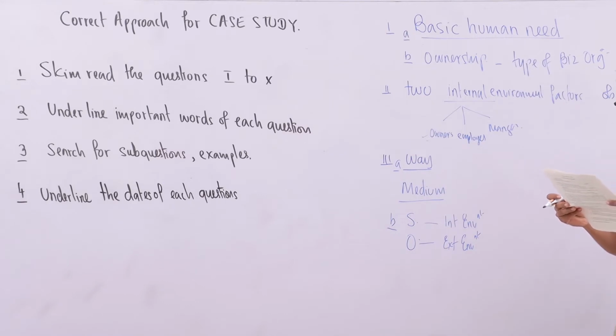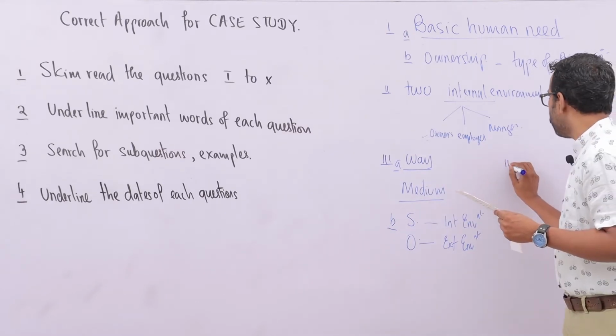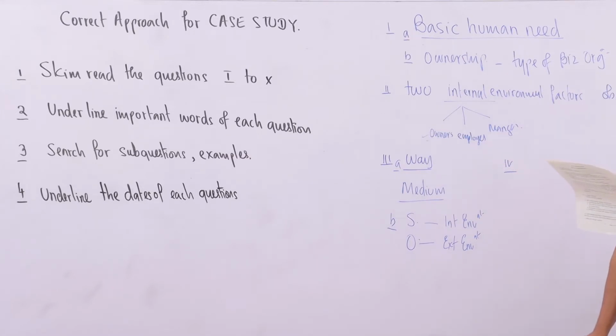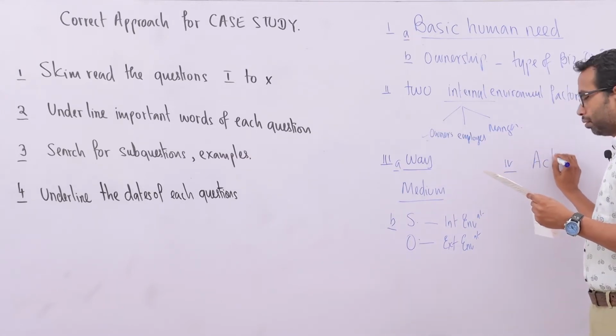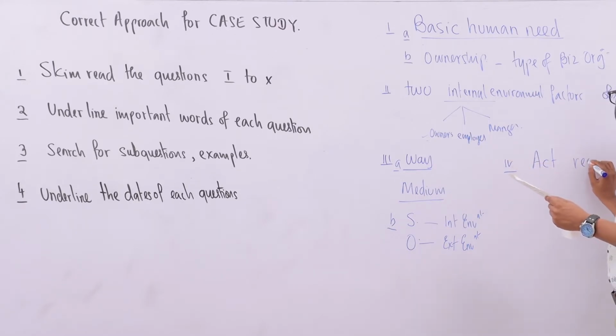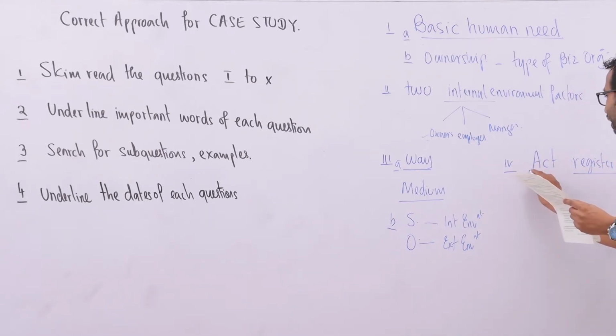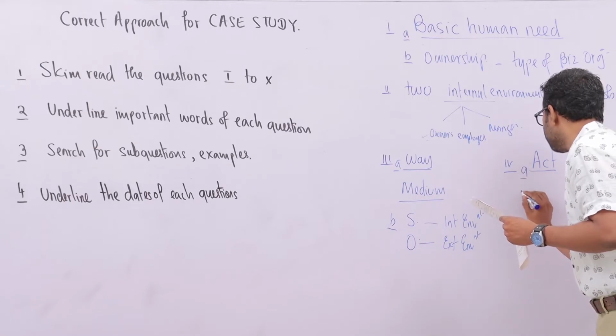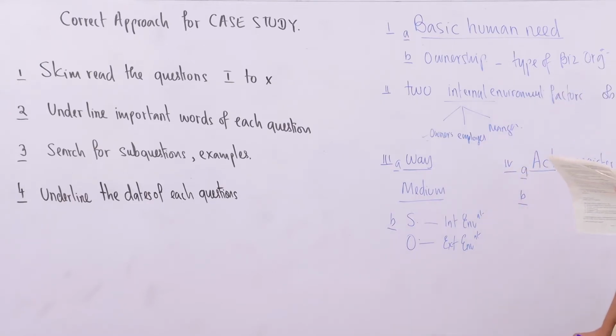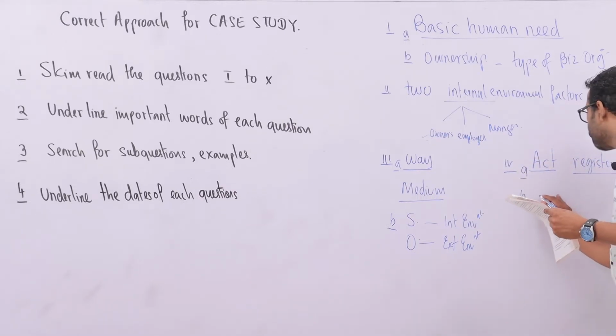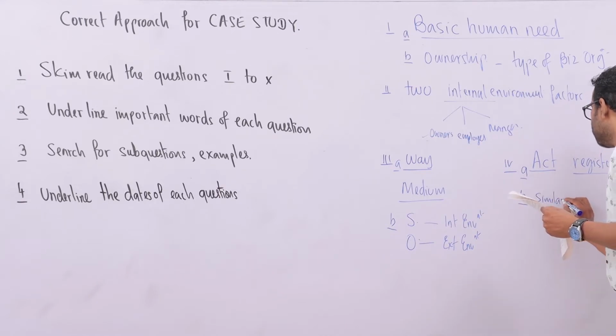Next, number 4. Please underline the act relevant to register the business entity, that is A. B, please underline similar characteristics between sole proprietorship and partnership, sole trader and partnership.